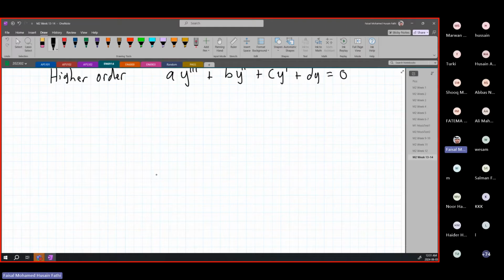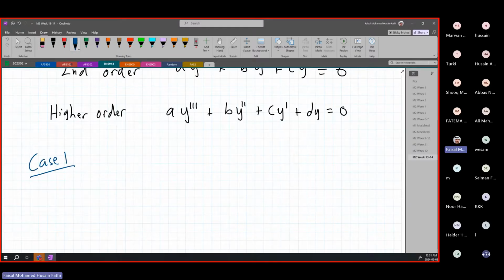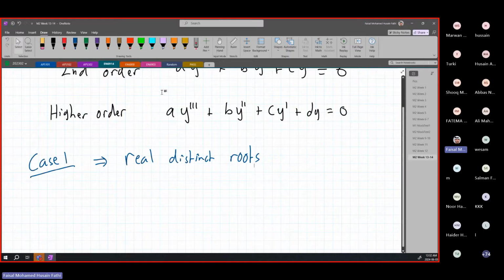So when you have, for example, y triple prime, your solution is going to have, for case 1, if I keep the same color code, I believe I used blue for case 1. Case 1 means you have real distinct roots. What does real distinct roots mean? It means all the values are different.